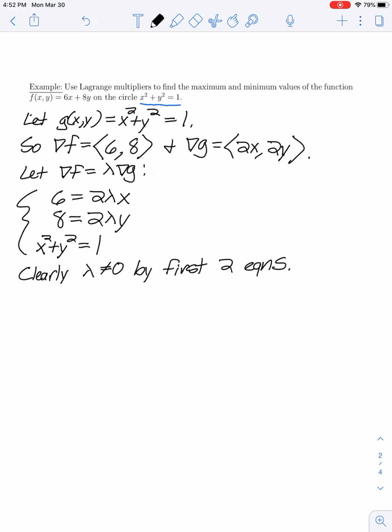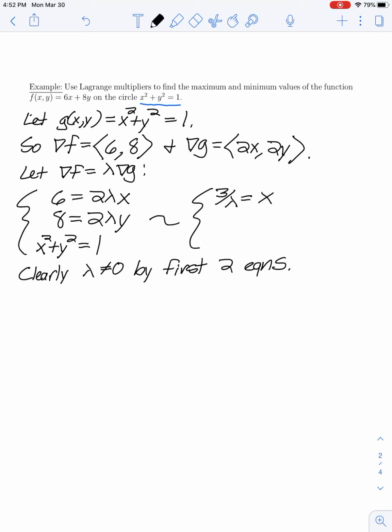So if lambda is non-zero, I know I could divide my first two equations through by lambda, or equivalently 2 lambda. So this system of equations that we were considering above is equivalent to the following system.